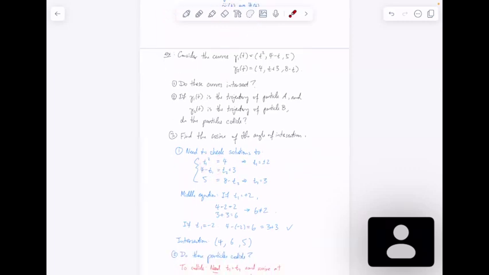Because you're not necessarily asking yet if these are trajectories of particles colliding at a point, you really just want to see if their paths intersect. You're allowed to set the second parameter different than the first parameter.